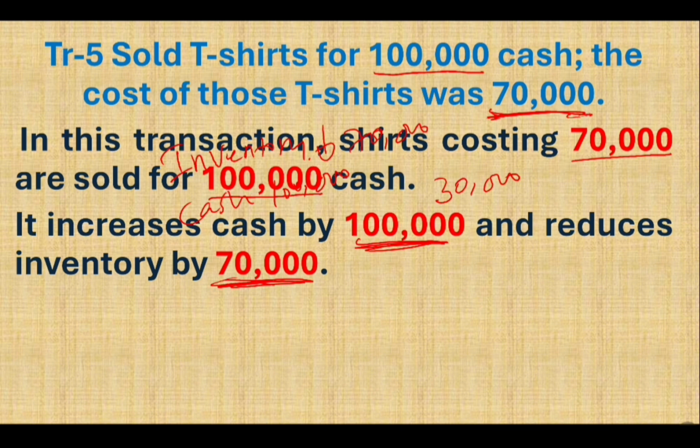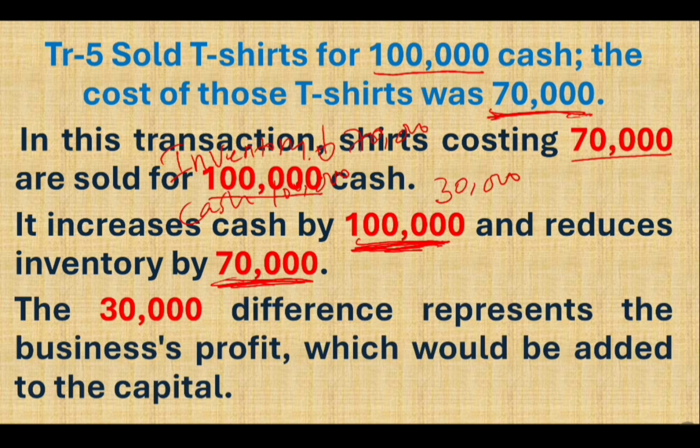It increases cash by 100,000 and reduces inventory by 70,000 because we sold inventory that cost us 70,000 for 100,000. The 30,000 difference represents the business profit, which would be added to the capital.